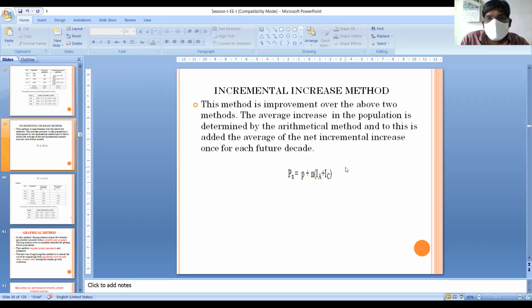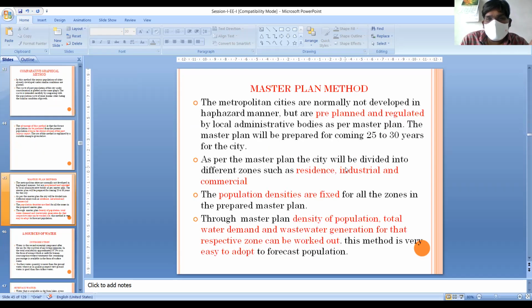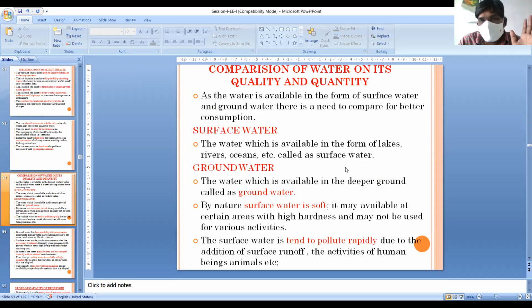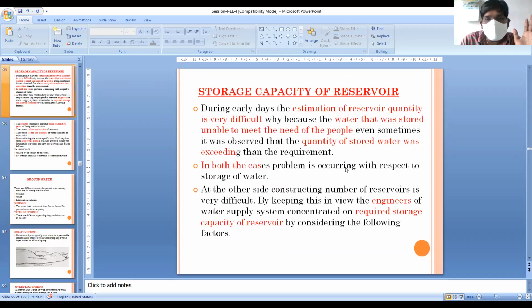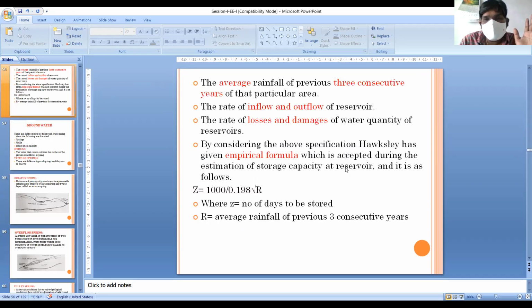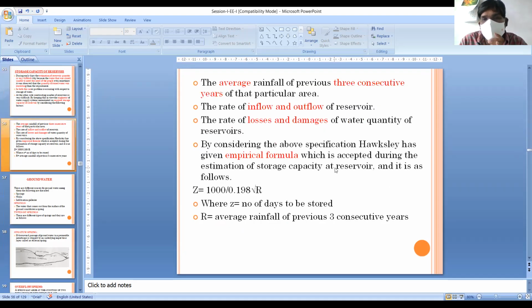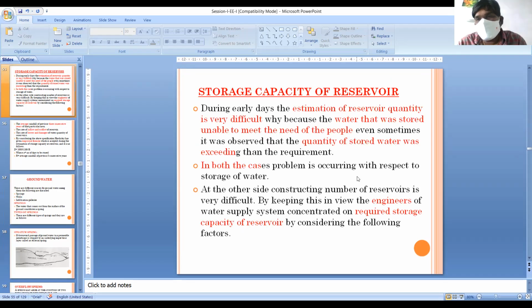So, the storage capacity of reservoir. The topic I want to ponder now is storage capacity of reservoir. We discussed the storage capacity of reservoir and the different precautions that we should take, and the formula that we will adopt at the time of storage capacity estimation.